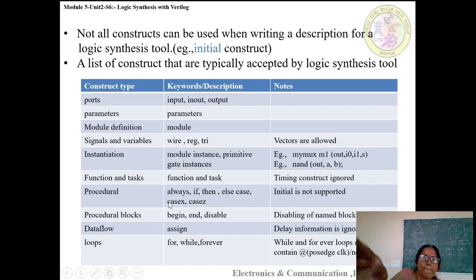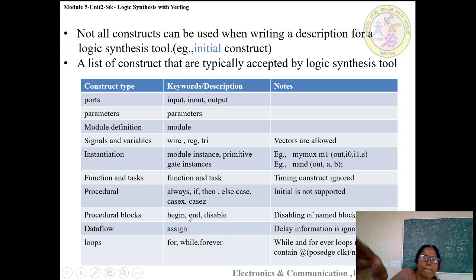Always, if, then, else, casex, casez are allowed. Timing constructs using hash delay cannot be used in a function and task, because they cause a mismatch between input and output when you do the logic synthesis. For that we ignore this.